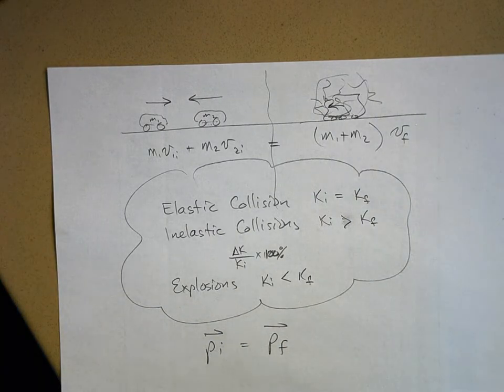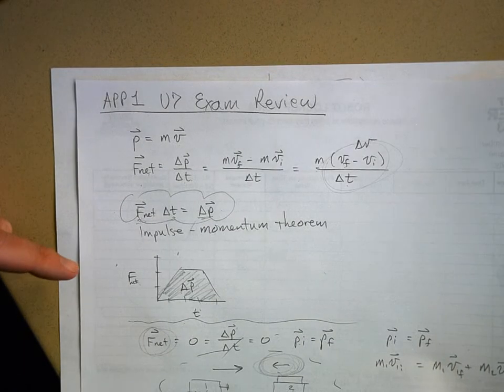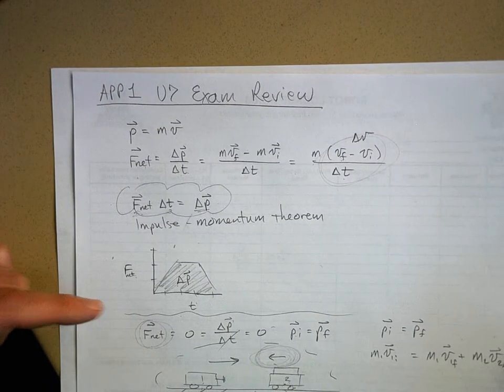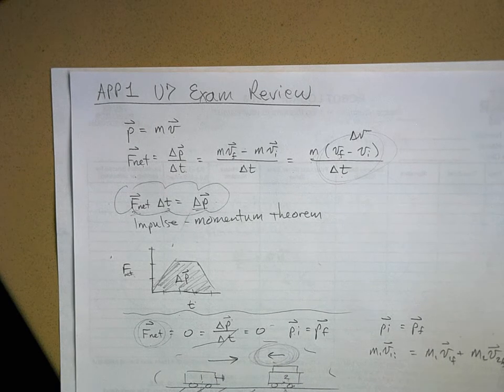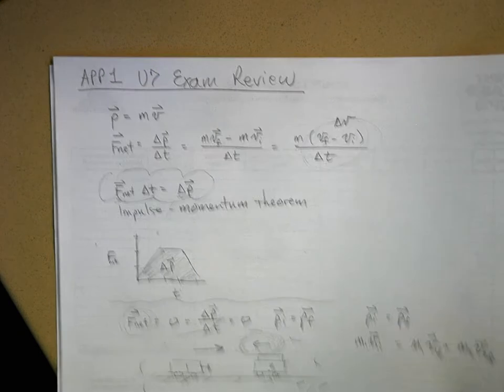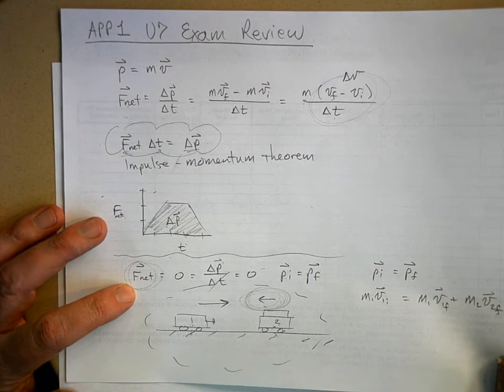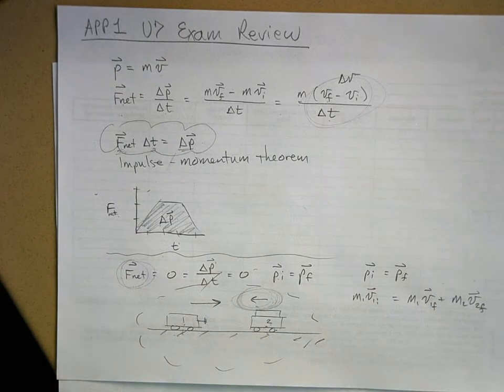So, last thing. You're going to have maybe 4 problems. You're going to have impulse problems where there is a net force on your object, and that force times time, that impulse, will equal the change in momentum of your object. Then you will have problems where the net force is 0 on your system, and so the momentum before and after the interaction is conserved.